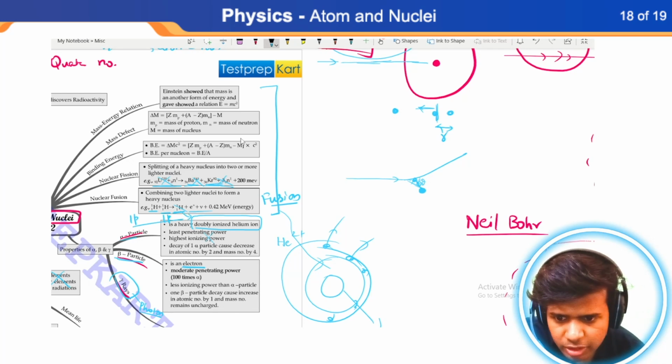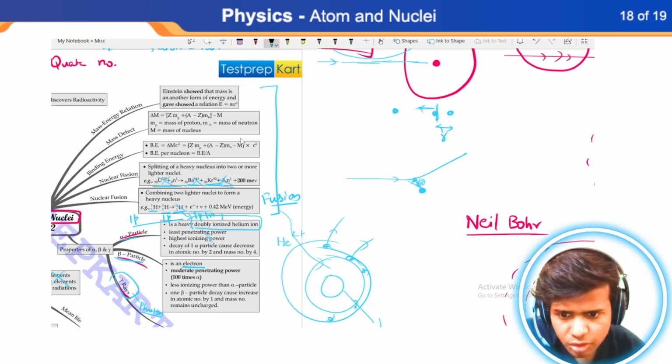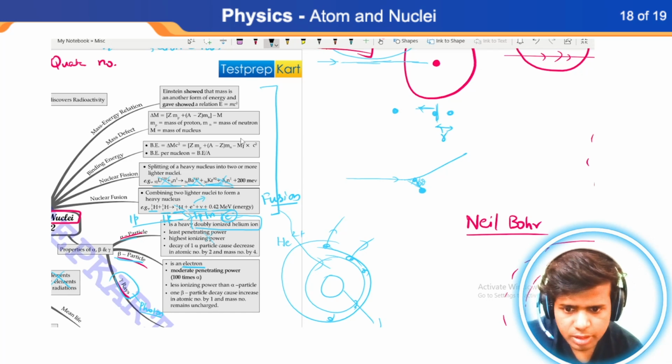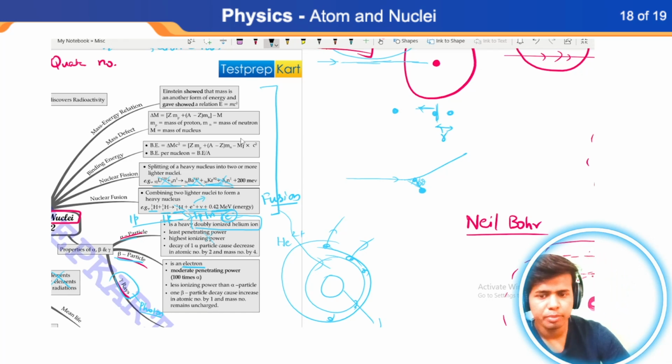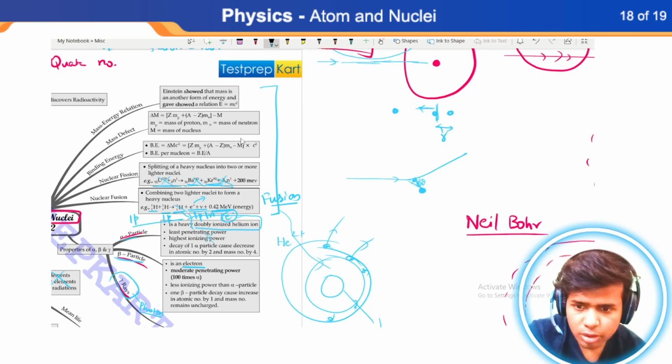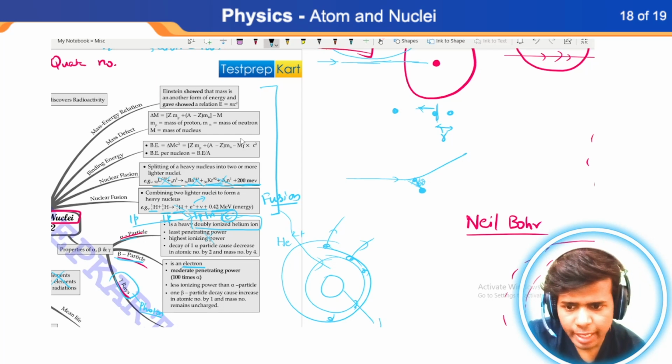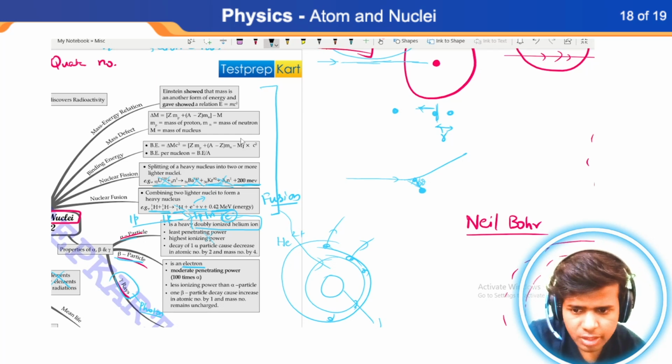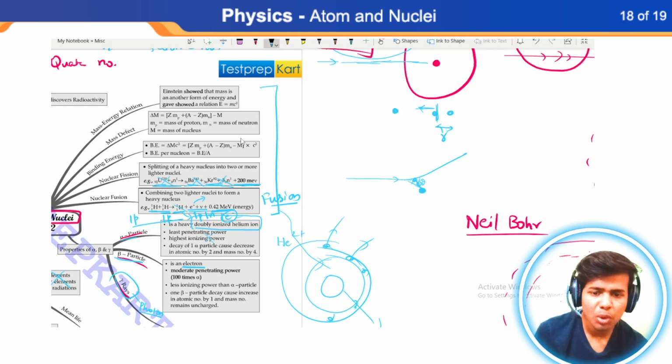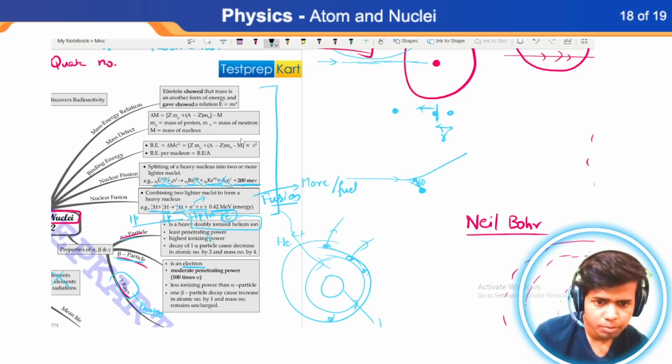Hydrogen having one proton and one neutron, but it has only one electron, right? The electron is lost in the process, and that will lead to the energy released, which is equal to 0.42 mega electron volt. The energy released in this is much higher, but it is actually lighter. Hydrogen is lighter and this is heavier, so it ends up releasing more energy per kg of fuel.